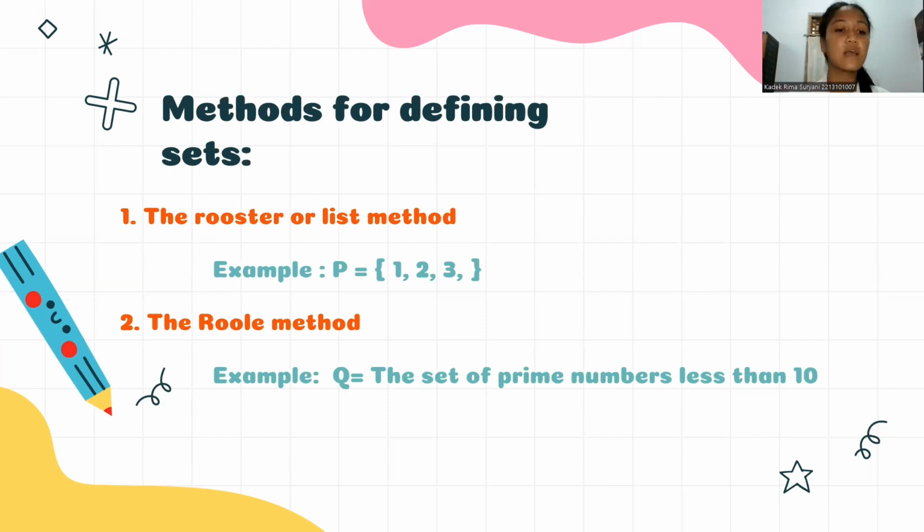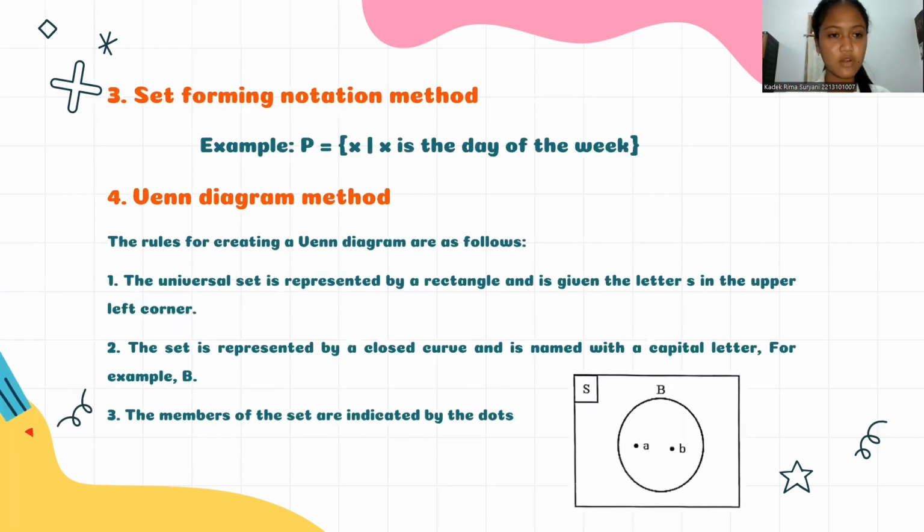For example, Q is equal to the set of prime numbers less than 10. And method number 3 is set builder notation. For example, P equals curly braces x such that x is a day in a week.